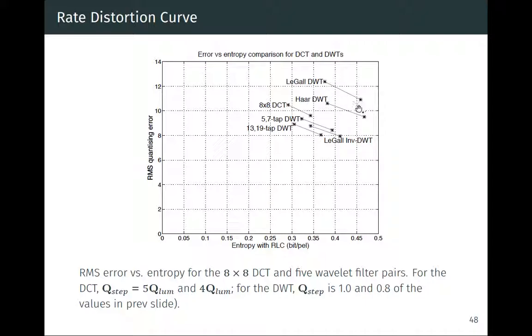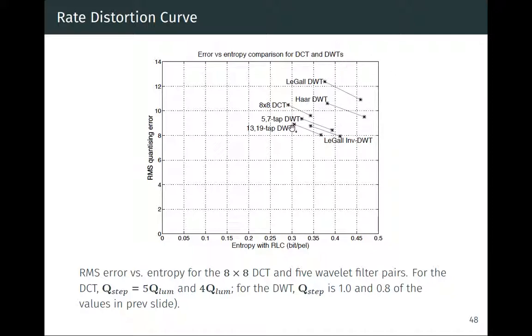But still, it's useful to have a good idea of how the algorithm performs. So this is the Legal, the Haar transform, the I by DCT, and the inverse Legal, and so on. Basically, the closer you are to this point here, the better you are, and the further away you are, the worse you get.